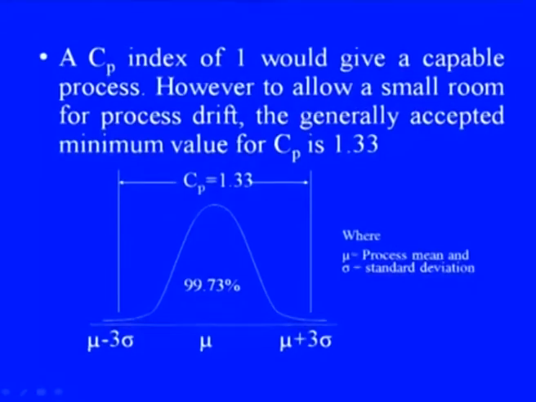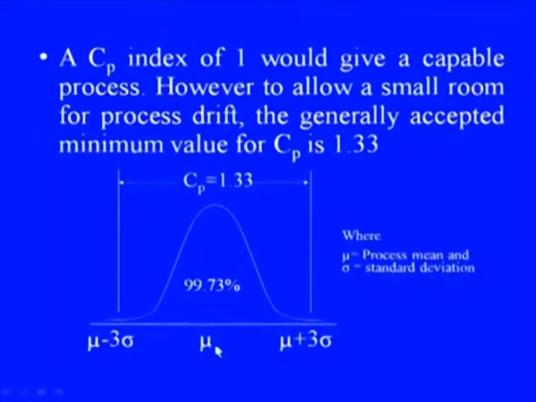However, to allow a small room for process drift, the generally accepted minimum value for Cp is 1.33. This can also be explained with the help of this figure, in which a normal bell curve is shown, with little drift on both sides, that is plus minus 3 sigma.